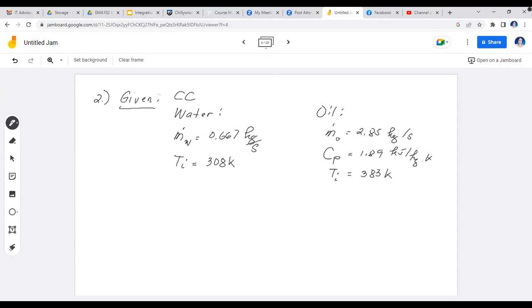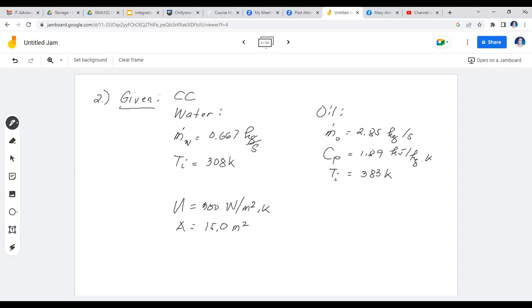Okay, so I'm counting the given information. So we have the mass flow rate, we have the inlet temperature of the water, we have the inlet temperature of the oil, we have its mass flow rate and its Cp. Then we're given the U, the overall heat transfer coefficient, which is 300 watt per meter squared per Kelvin. And then the area, the heat transfer area, which is 15.0 meters squared.